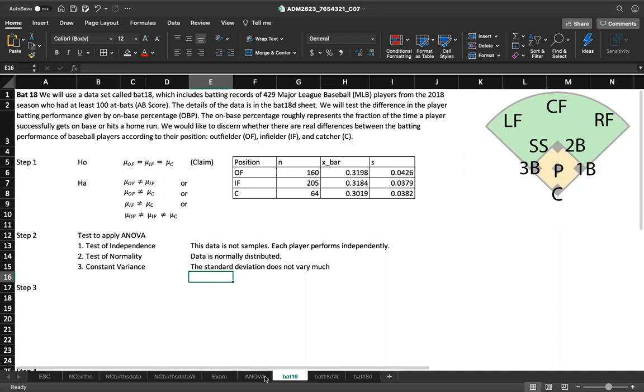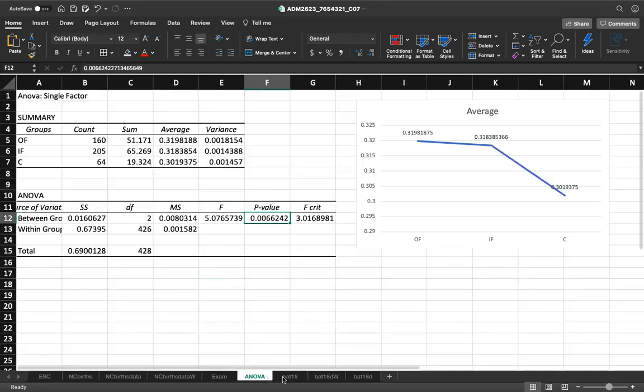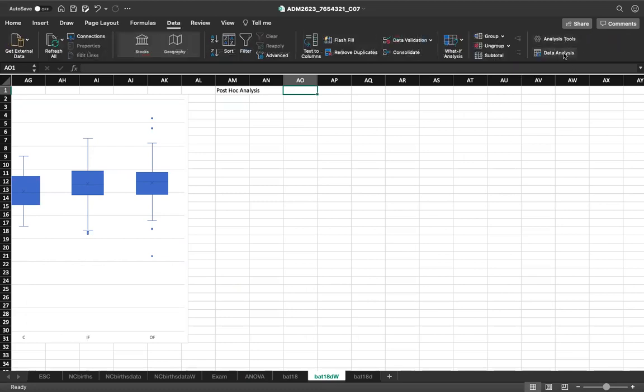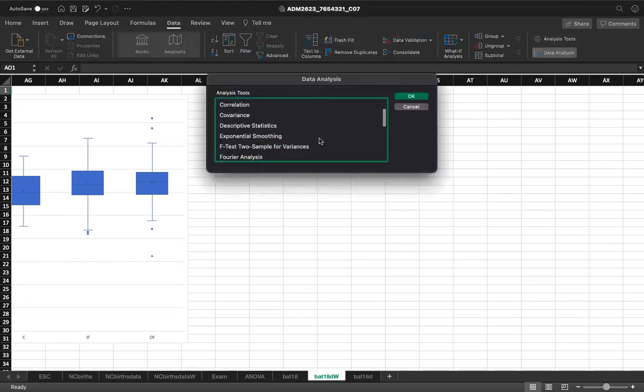So what we do is we do a pairwise analysis, t-test. Data analysis, t-test, and we will assume equal variances.